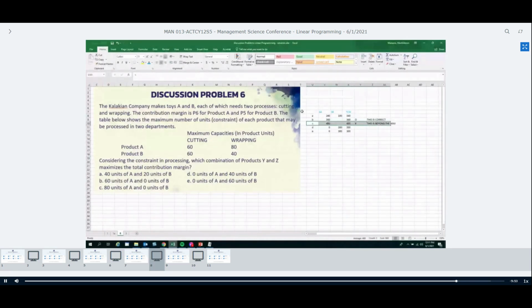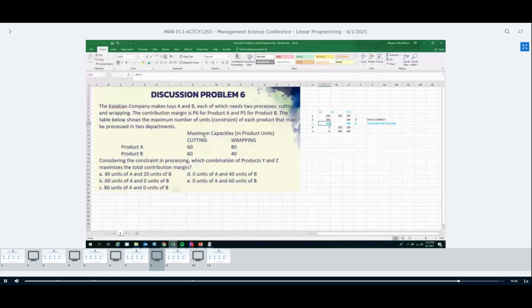Pero pag-usapan natin to ha. Tandaan na may constraint kay letter C. Ang sabi kay letter C, 80 units of A. Pero tandaan mo, class, na may limit lang na 60 units dito sa cutting department.